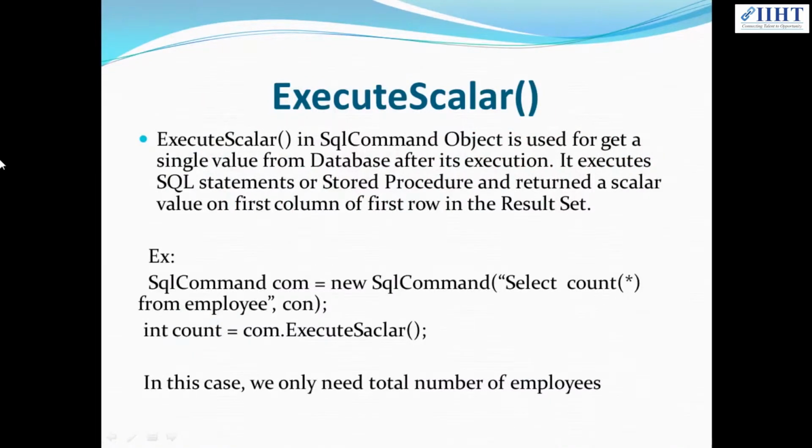It is used to get a single value from the database after its execution. It executes SQL statements or a stored procedure and returns a scalar value, the first column of the first row in the result set. In our case, we only get the total number of employees, so we have to use the ExecuteScalar method.